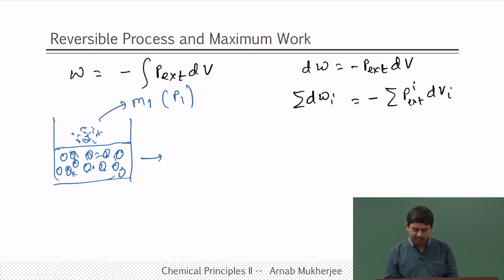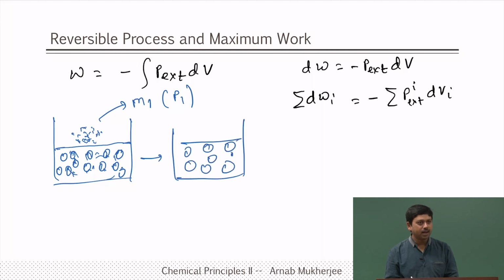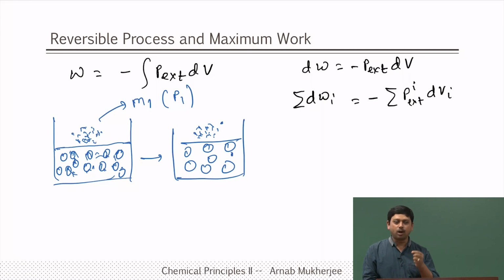What I am going to do is that in the next step I am going to add one more grain of sand to this pile. It is very difficult for me to reproduce this particular picture, but imagine that I had exactly the same one and I put one more grain of sand, and the sand is very, very small. So, I am changing the pressure by an extremely small amount and letting the system equilibrate, and it gives me a different volume.